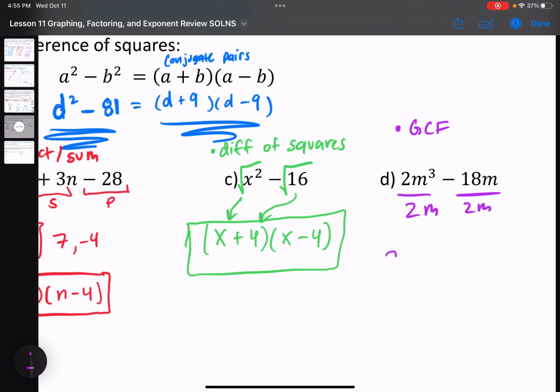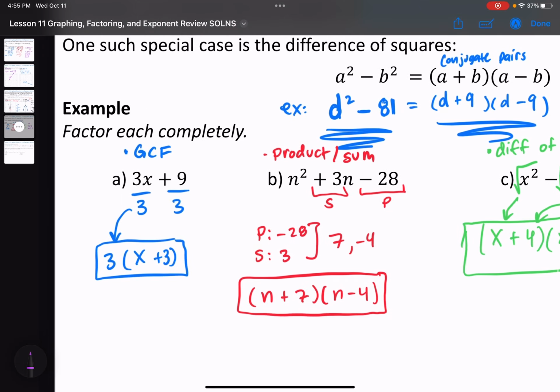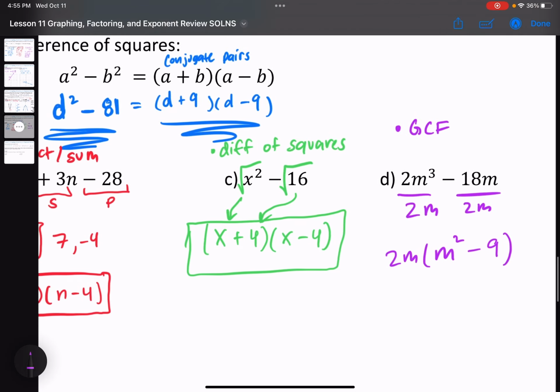So 2m factors in front. Left over, we have m squared minus 9. The instructions say factor each completely, and looking at the inside of this parenthesis, I can see that this can factor even further, because m squared minus 9 is also a difference of squares.